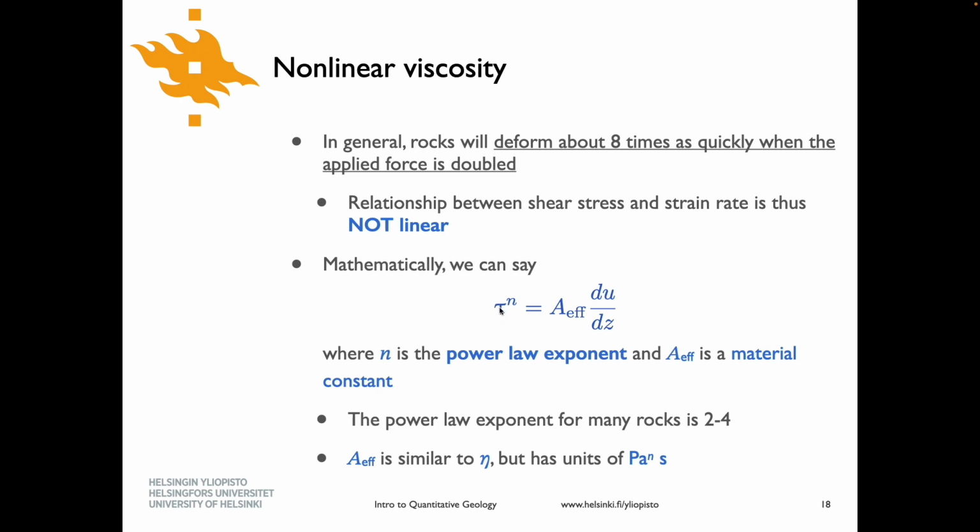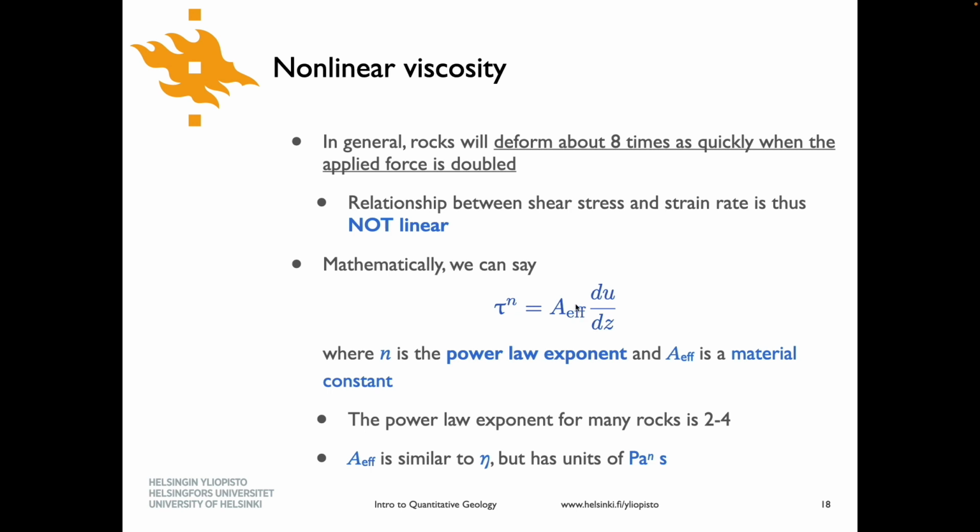So if we increase this stress tau that's acting on our fluid by some factor of 2, then this rate, this velocity gradient, would go up by a factor of 8, which reflects the fact that this power law exponent is typically somewhere between 2 and 4. If it was a value of 3, 2 to the 3 would give you a value of 8, which is roughly what you see in terms of the rate of deformation.